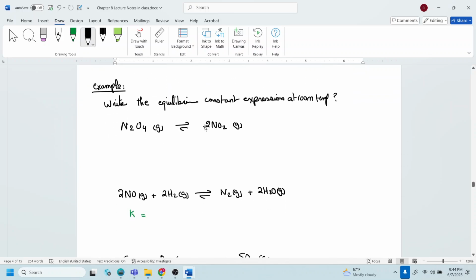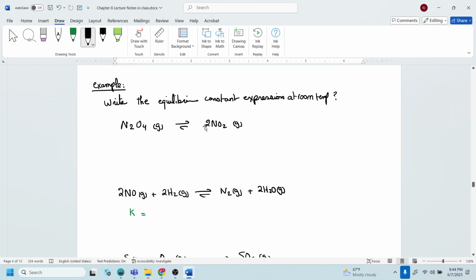Let's have an example. Write the equilibrium constant expression at room temperature for the following equation. First of all, I have to make sure that my reaction is balanced. So this is a balanced reaction. And then I look at the states. I have gases, so I can express both in terms of the equilibrium constant.